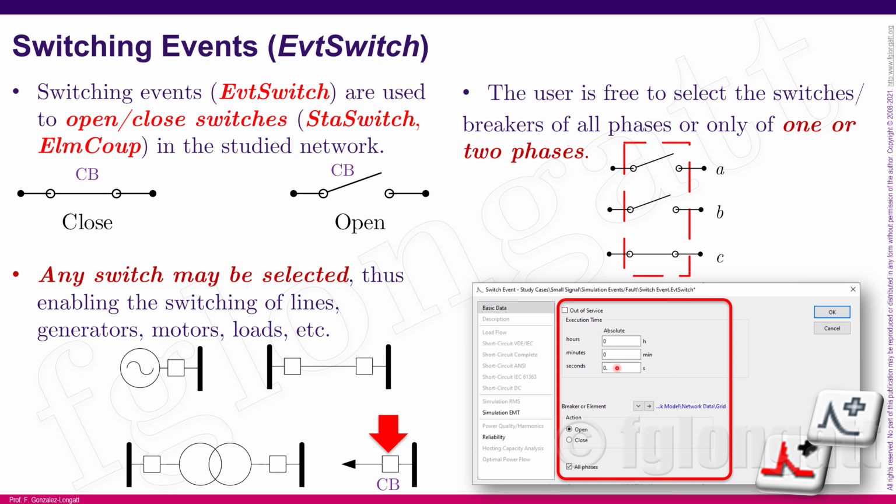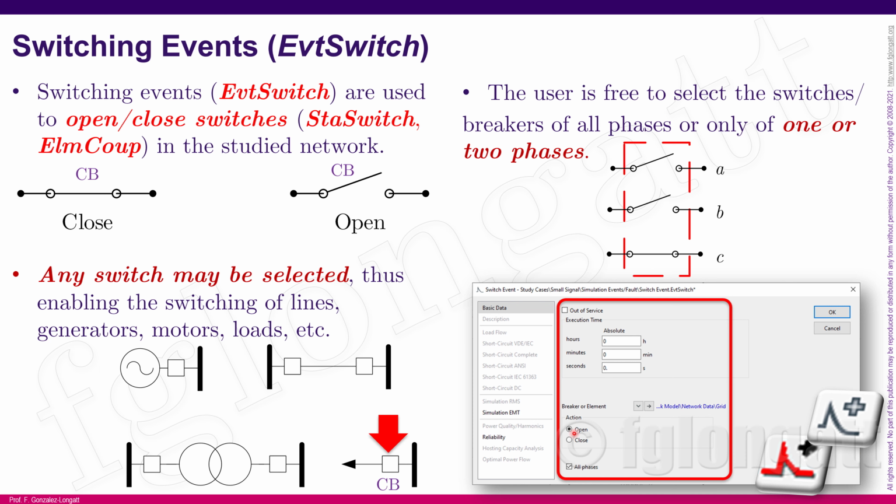You can define 1 second, for instance, then define the breaker element you are working with, located anywhere, for instance in a generator, transformer, load, or transmission line. Then you define the action, which can be close or open the circuit breaker.